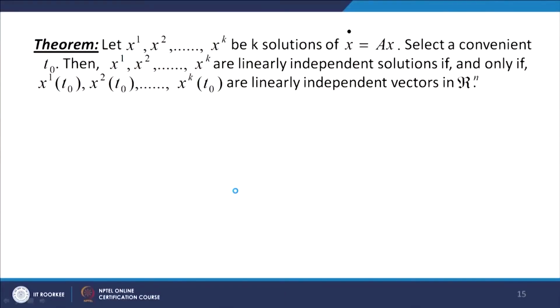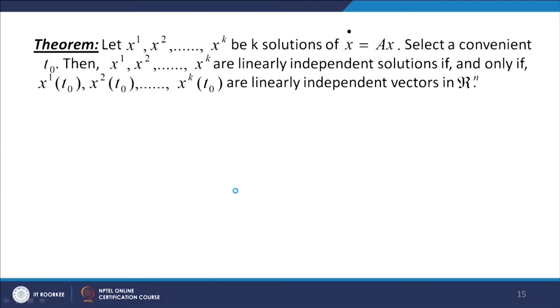This theorem says that if x1, x2, xk be any k solutions of the vector differential equation x dot equal to Ax, then select a convenient t naught. It follows that x1, x2, xk are linearly independent solutions if and only if x1(t naught), x2(t naught) and so on xk(t naught) are linearly independent vectors in Rn.